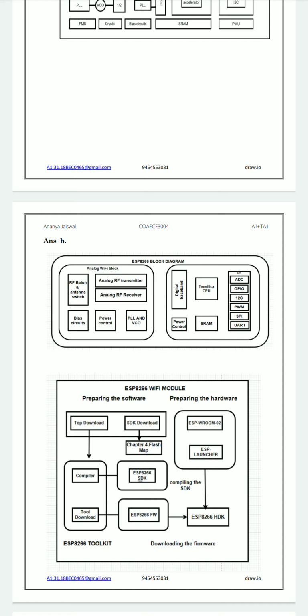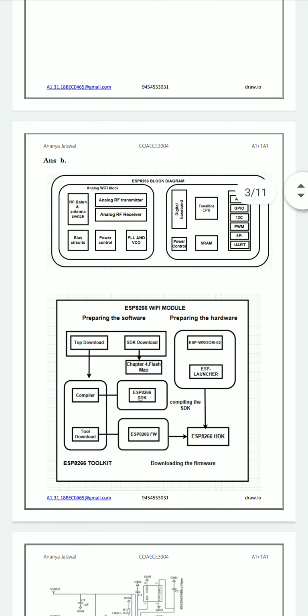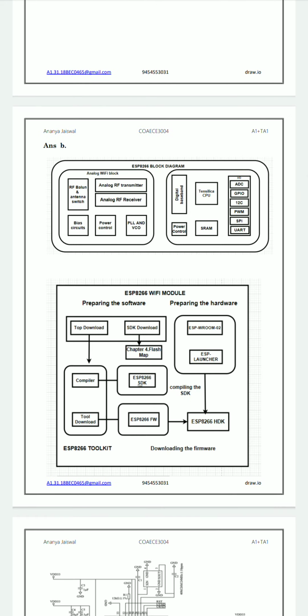The block diagram comprises of an analog Wi-Fi block as shown to the left of the block diagram and another small block diagram to the right comprising of digital baseband, power control, I/O and SRAM. The next block diagram is the internal block diagram of ESP8266 comprising of the Wi-Fi module, which gives a clear picture and understanding of the inside of ESP8266.